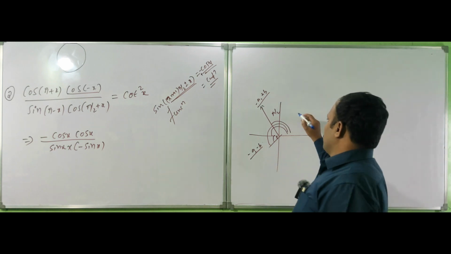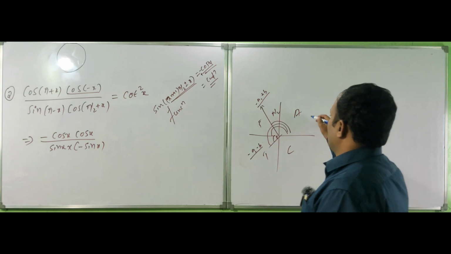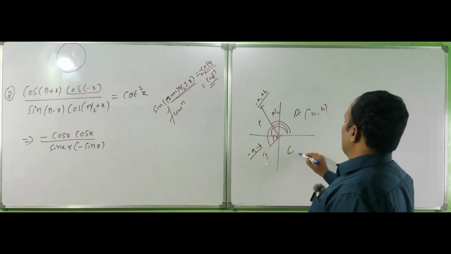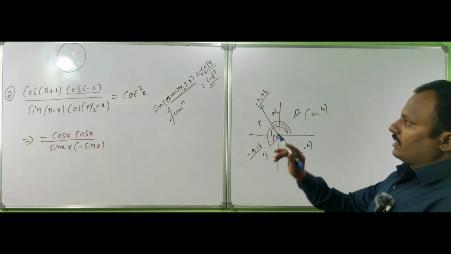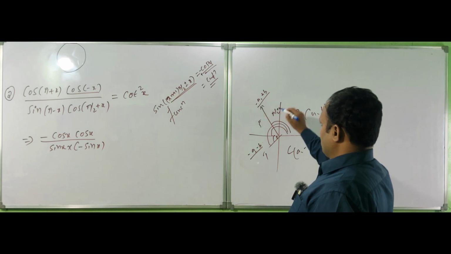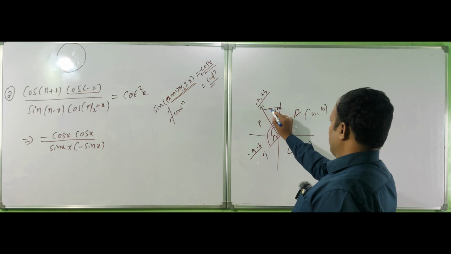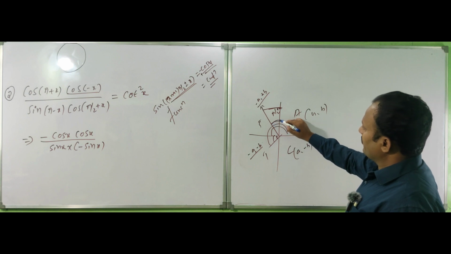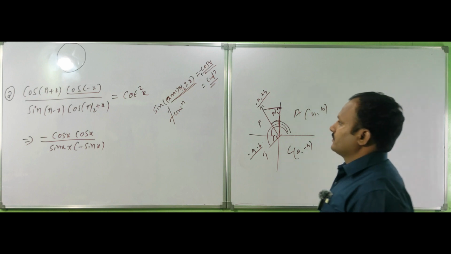Apply the ASTC formula, or what I am telling you, the AB method, which is the best method: AB, minus AB, minus A minus B, and A minus B. See, for cos of pi by 2 plus x, this is the adjacent angle, so this gives plus B.